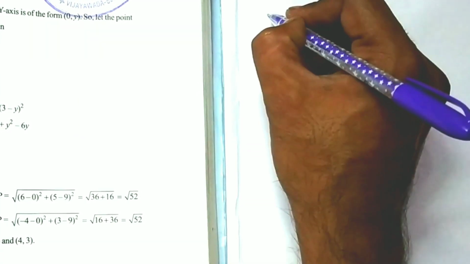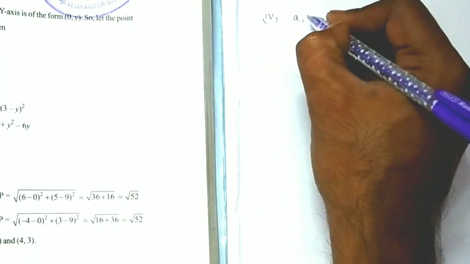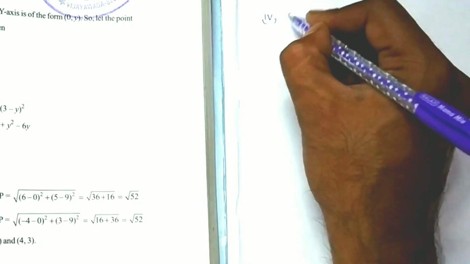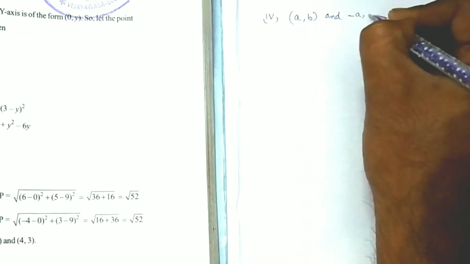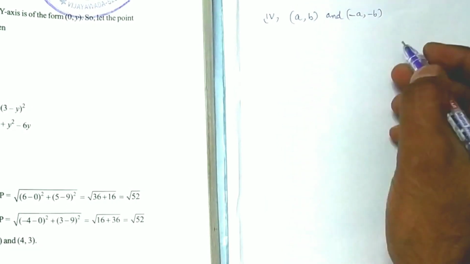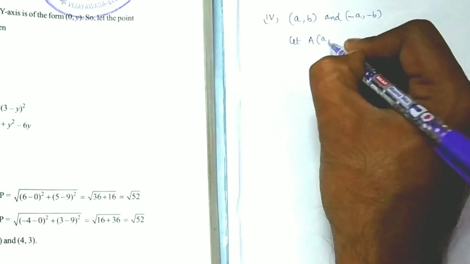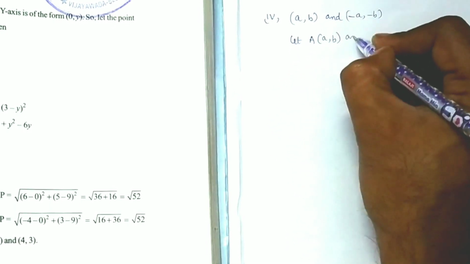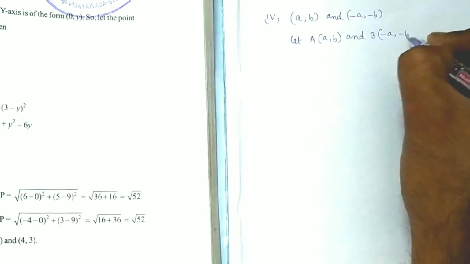Next, fourth problem is a comma b and minus a comma minus b. So solution: let A as a comma b and B as minus a comma minus b.